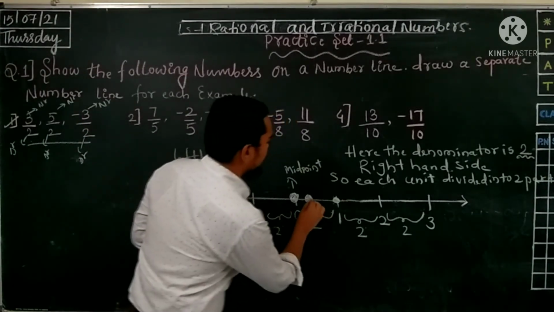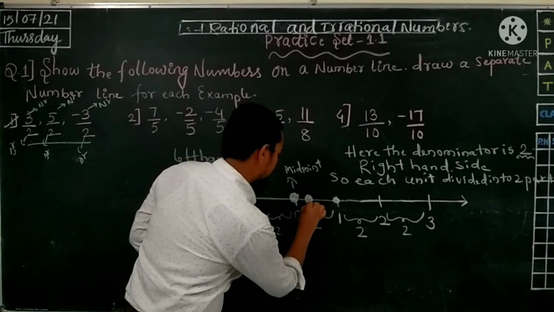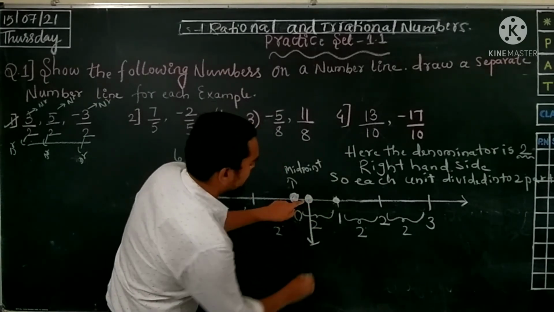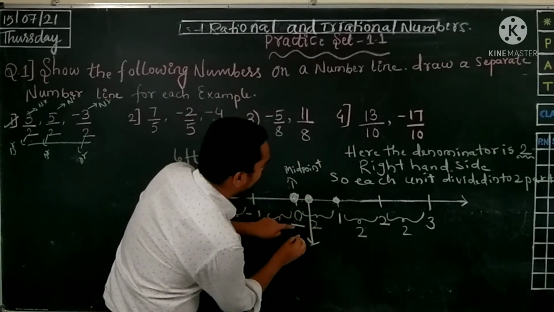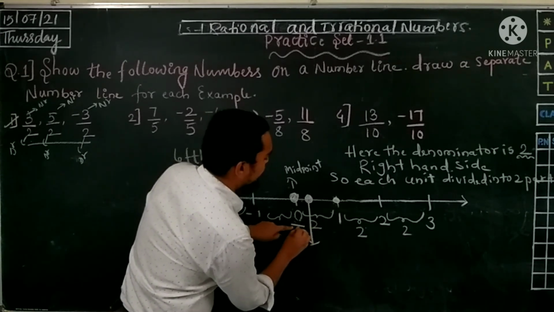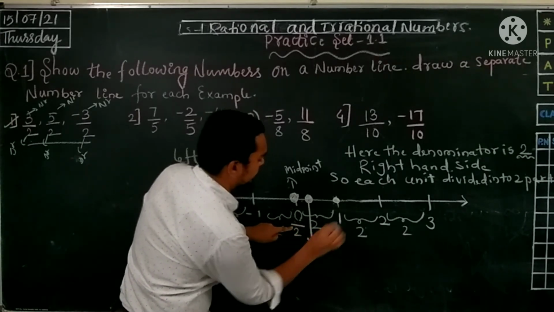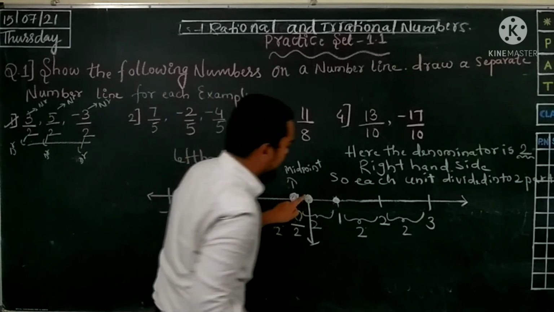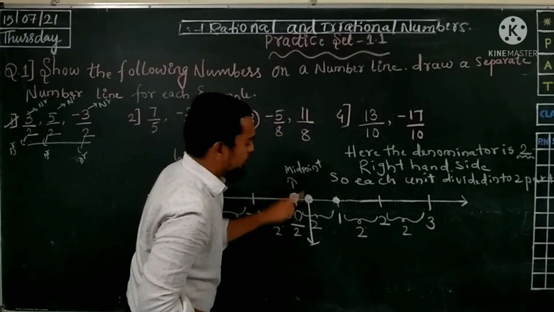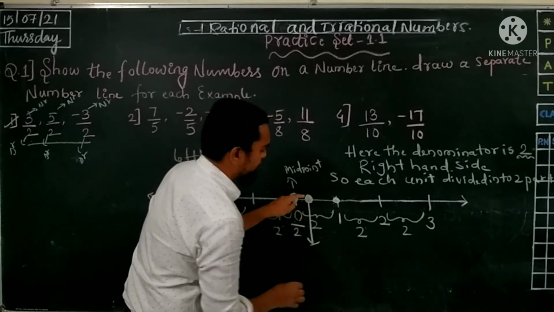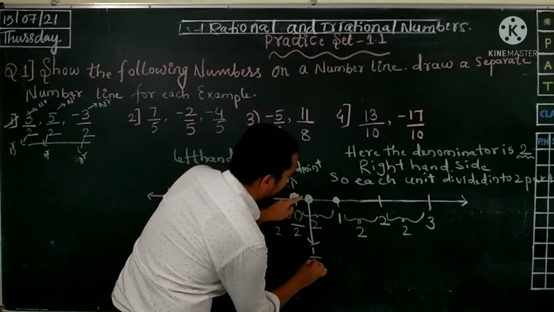Now we will write this one as 0. This one is 0 upon 2. Why are we taking 2? Because the denominator is 2. Here, 1 is 1 upon 2.